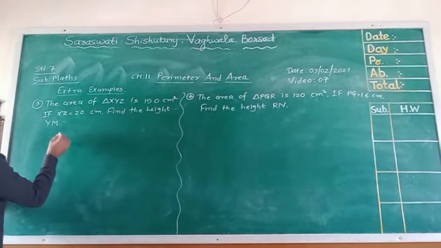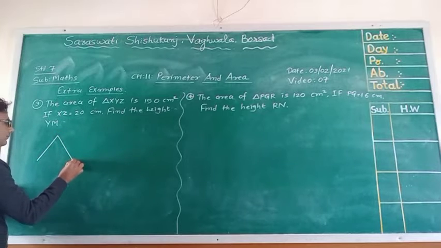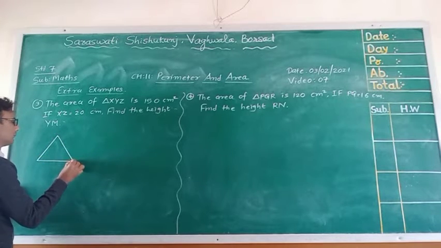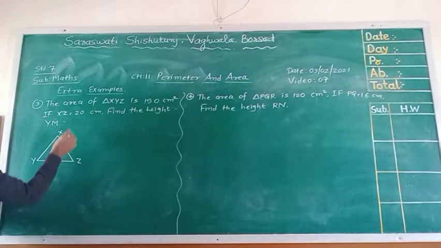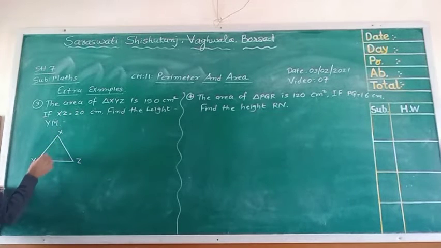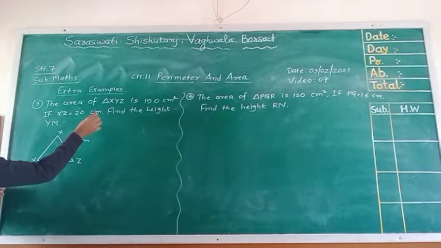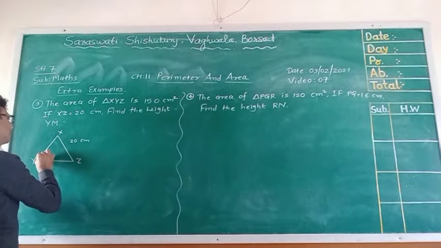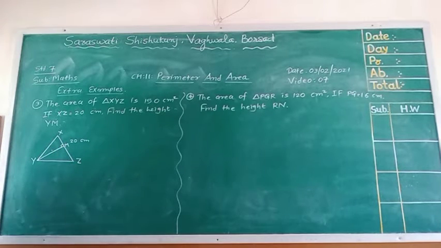So let's draw a triangle XYZ. This XZ is 20 cm, and we have to find the height YM, the corresponding altitude. We want to find this measurement.